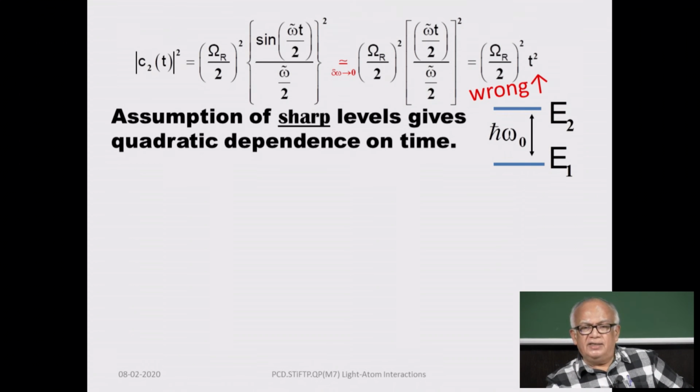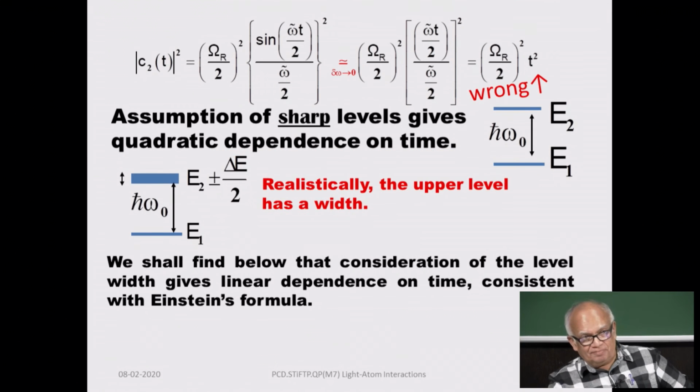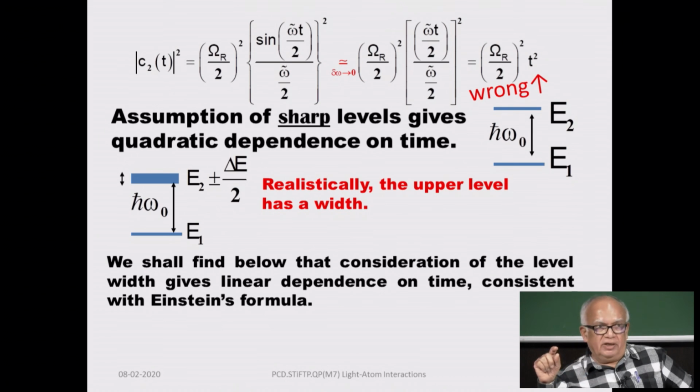We find that this expression cannot go as t square, but it has to have a linear dependence. And the reason we got it wrong is because we ignored the width of the upper level. Okay? So, when we factor that in, we will get the right result, which we will work out now.